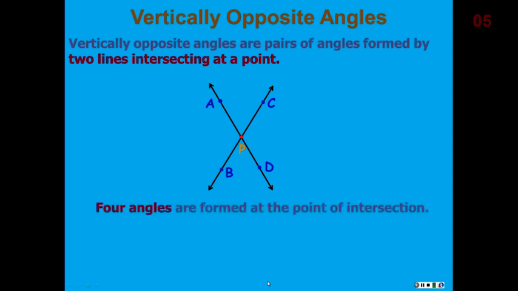So if I have these four angles that are created with this intersection of two crossing lines, I know that angle APC and angle BPD are opposite vertical angles, which means they're equal.